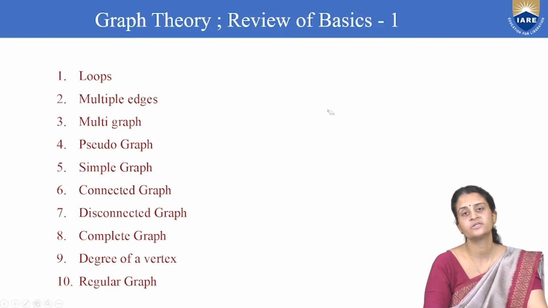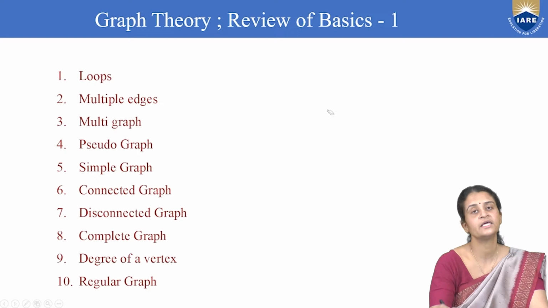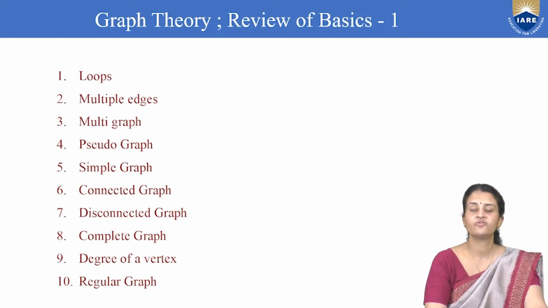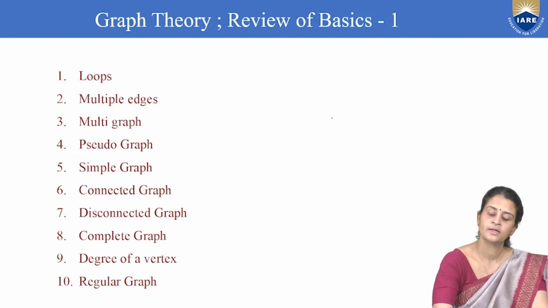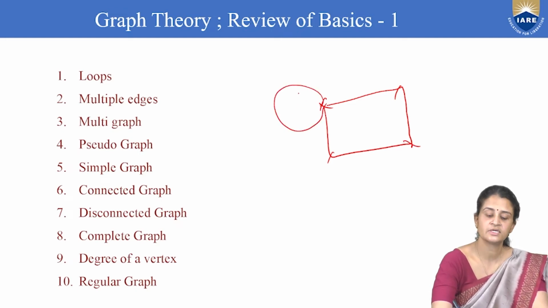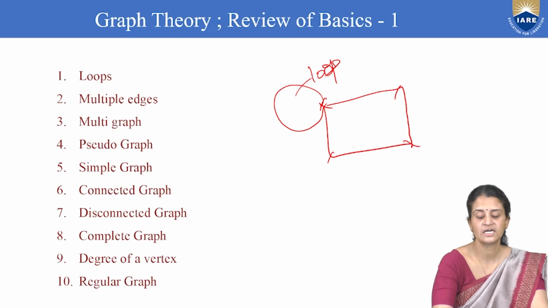That is, the edge is starting and ending at the same vertex. Suppose we have a graph like this, and if there is an edge like this, this edge is termed to be a loop. It is starting from and ending on the same vertex V1.